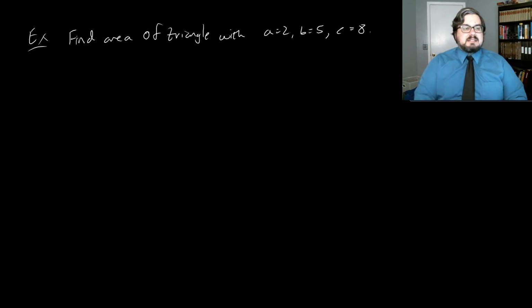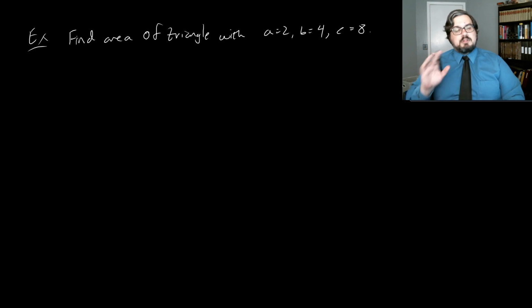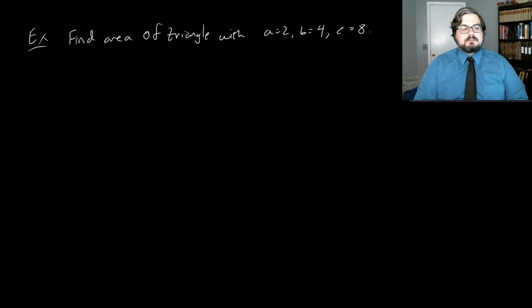Actually, I'm going to adjust this slightly in order to make some of the computations a little bit easier. We'll get a equals 2, b equals 4, c equals 8. Don't worry, turns out this triangle still doesn't exist.